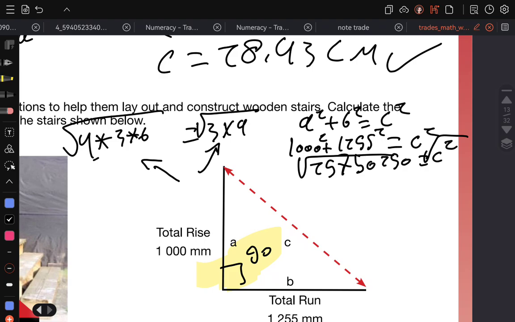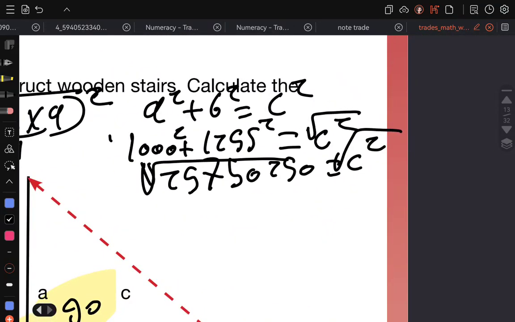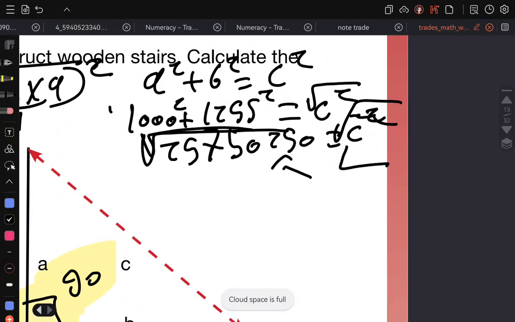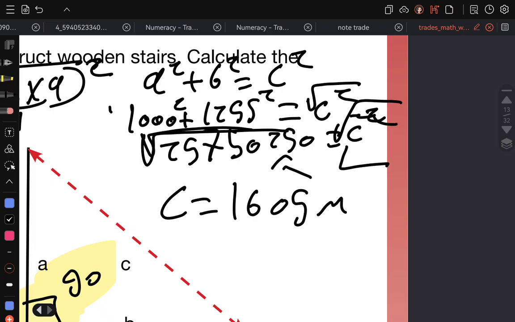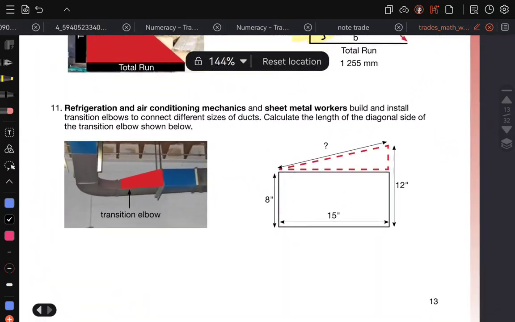If you do over 2 here, you need to do over 2 here. That's why when we did our square on the right, we needed to do it on the left. So the answer is 1605 millimeter. That's it. Let's move to the other question.